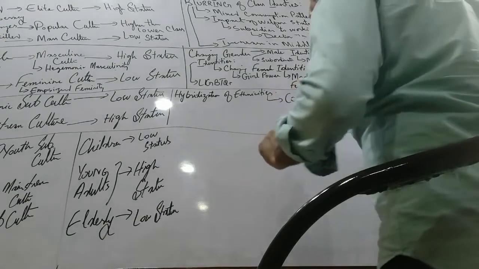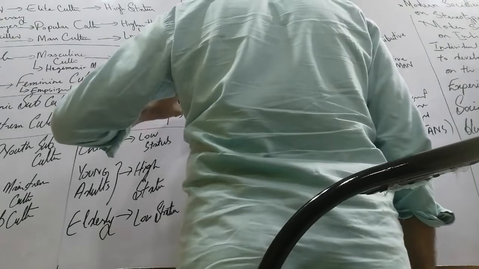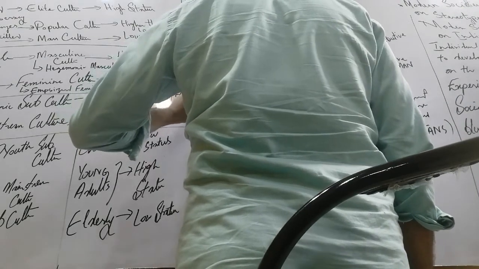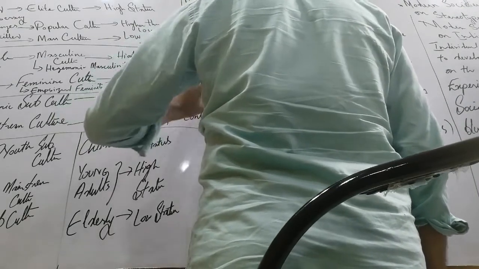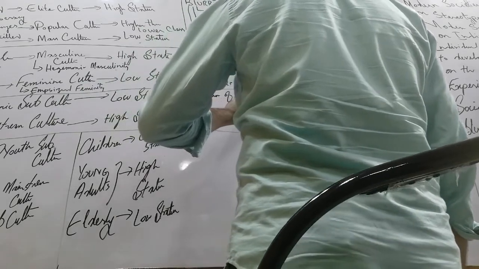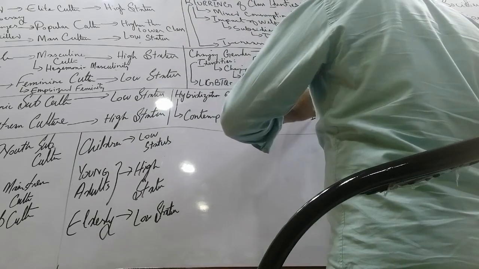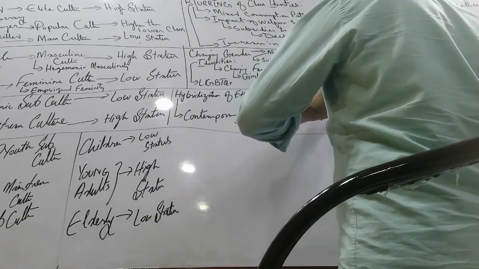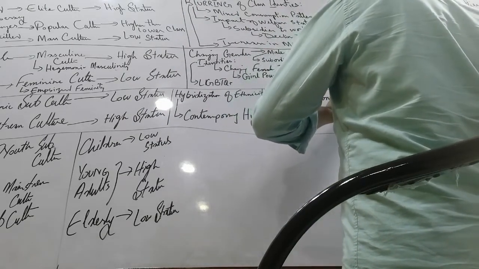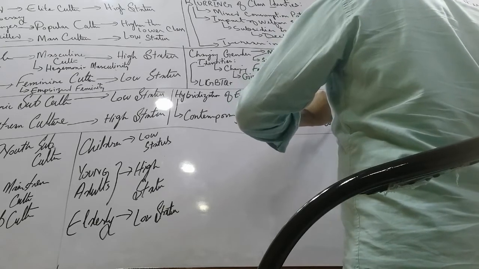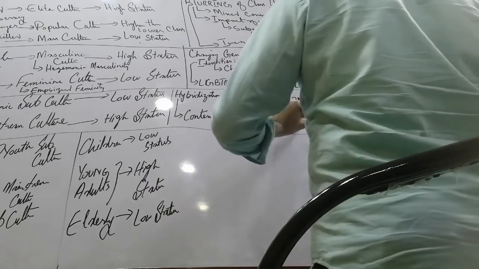Okay, so if you move forward, another type of hybridization is contemporary hybridization. This is all about the impact of global culture. Impact of global culture stands for what?